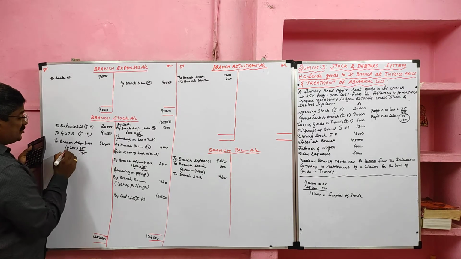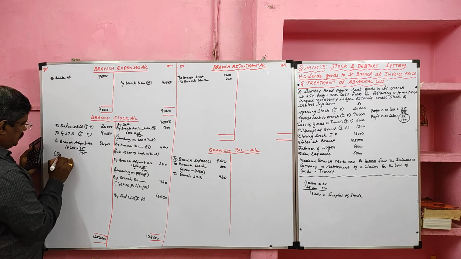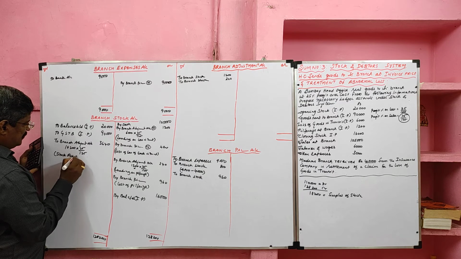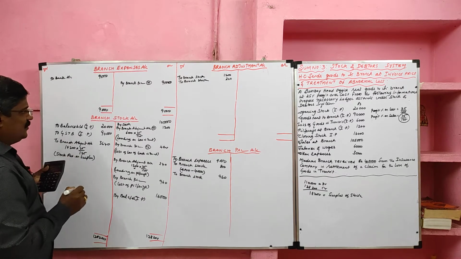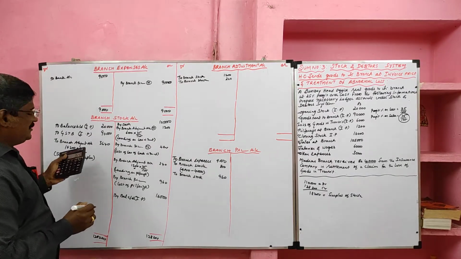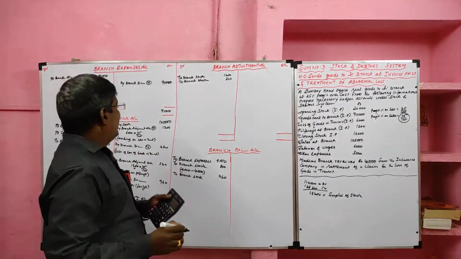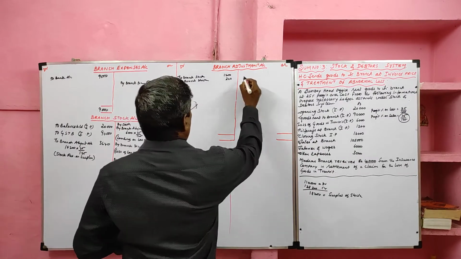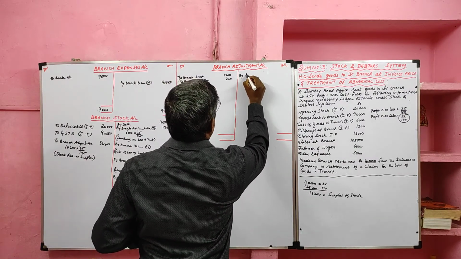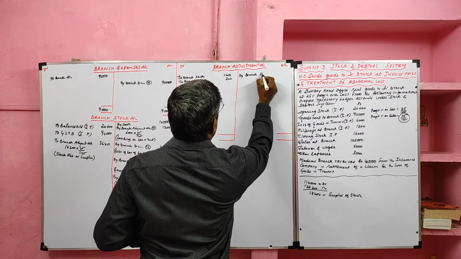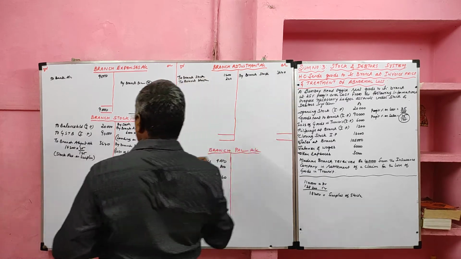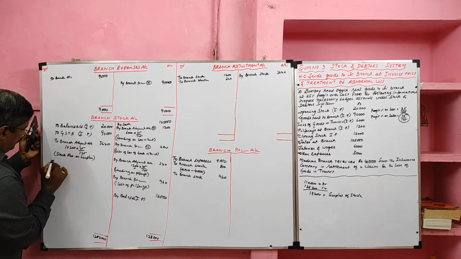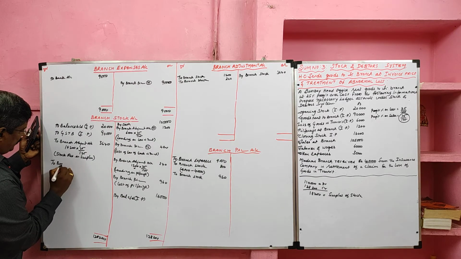It is the stock reserve on surplus of stock. It should be transferred to the branch adjustment account. It will be recorded on the credit side of the branch adjustment account as by branch stock account. Value 3,640.